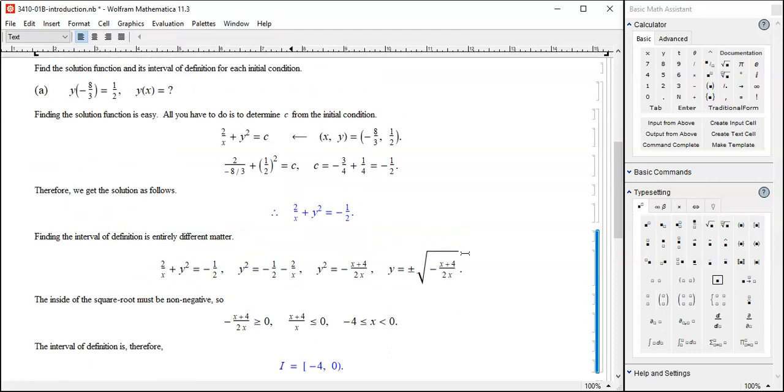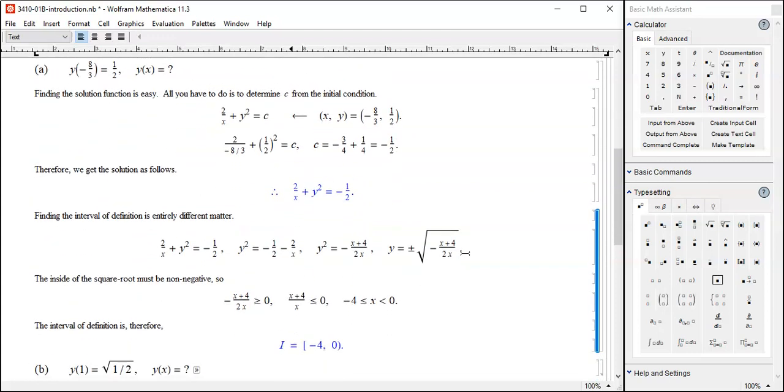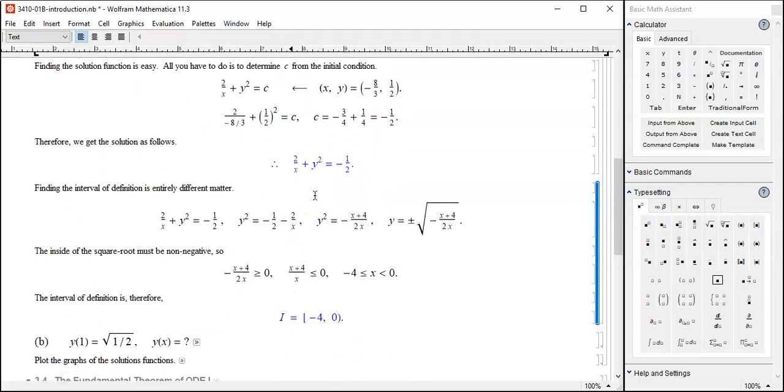And as a matter of fact, I made a mistake here. Inside of the square root must be non-negative, but at the end point, you cannot consider the derivative. And this is a differential equation, so we have to have an open interval.